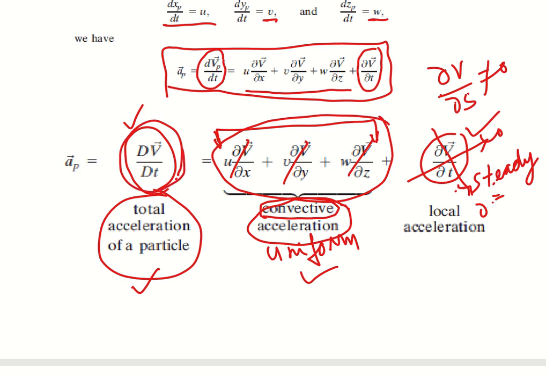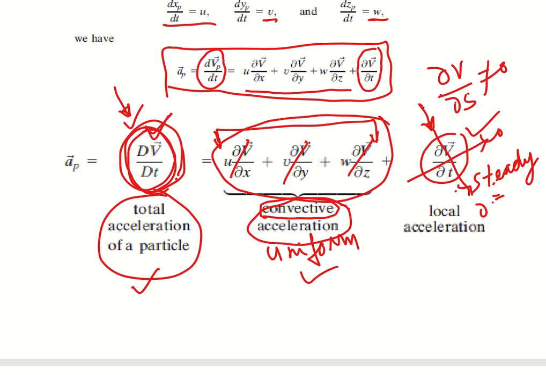So here let's focus on one important point. What is the difference between this term and this term? When we are following the particle, then this acceleration is due to following the particle, when it moves from x to x plus delta x, or y plus delta y, z plus delta z. So we are following the particle here.